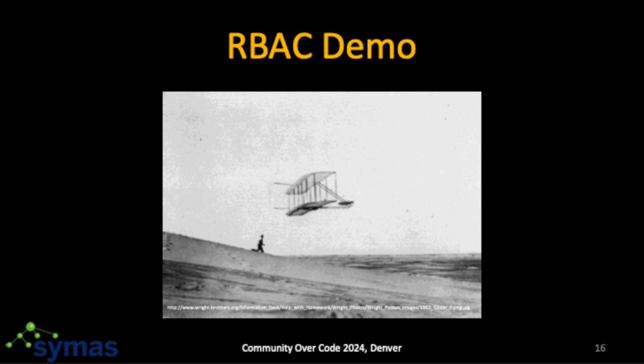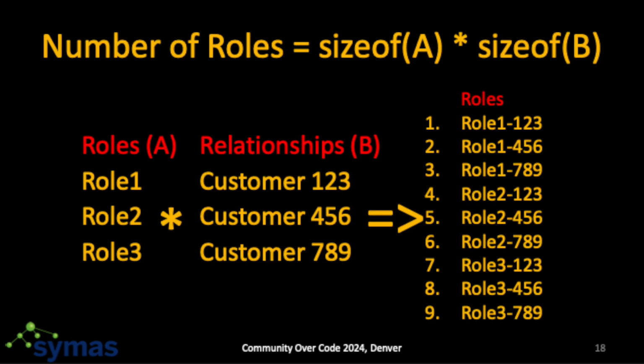So that's just a classic role-based access control use case. If you want to do fine-grained authorization using classic RBAC, it's going to look something like that.